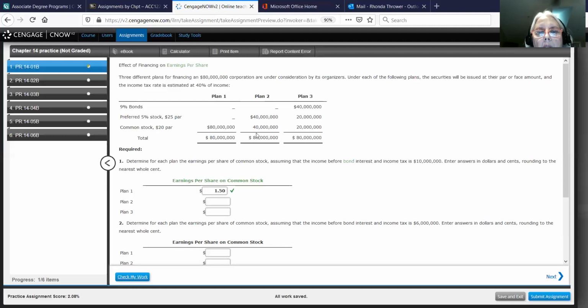The common stock for plan 2 that they are planning to sell is $40 million this time. Again, there are no bonds that we are planning on issuing during this time period. We're just planning on selling our preferred stock and our common stock in plan number 2, and we want to see how that would affect our earnings per share on the common stock.